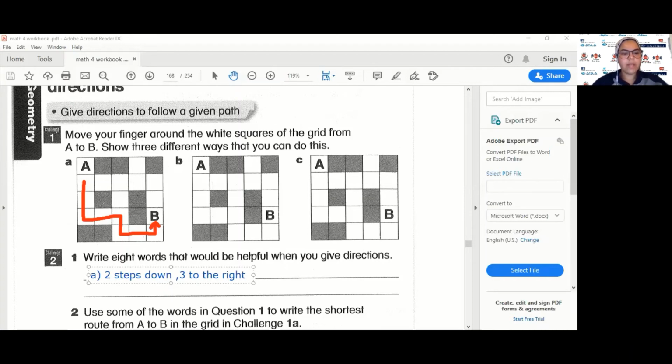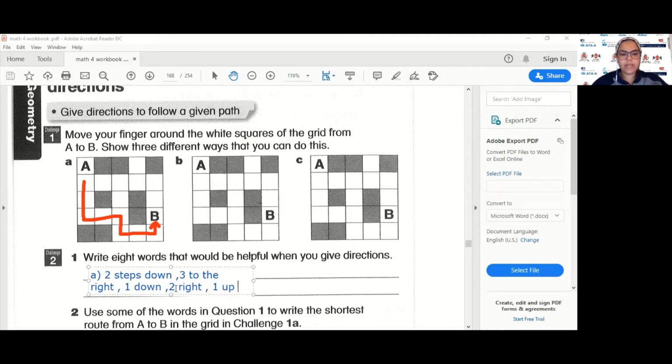Then I moved 1 down, 2 to the right, okay, and 1 up.